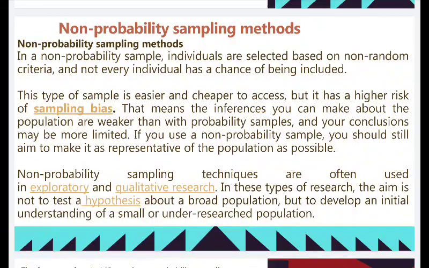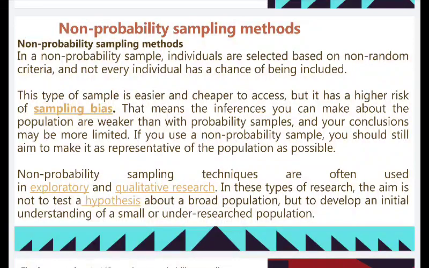Now, that means that the inferences you can make about the population are weaker than with probability samples, and your conclusions may be more limited. If you use a non-probability sample, you should still aim to make it as representative of the population as possible. Non-probability sampling techniques are often used in exploratory and qualitative research. Okay, di ba?